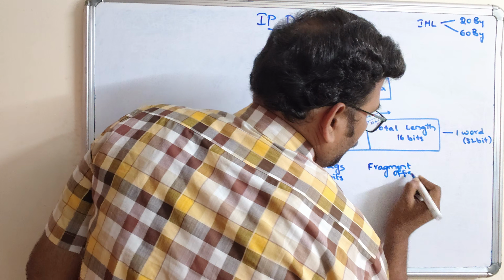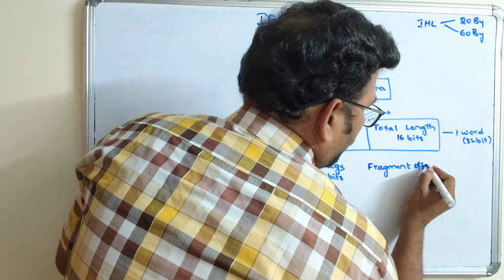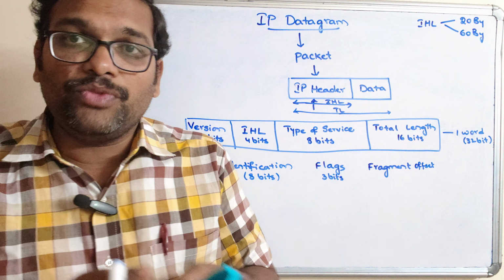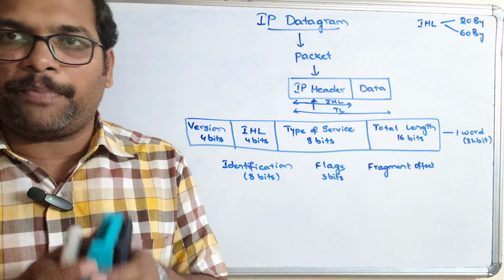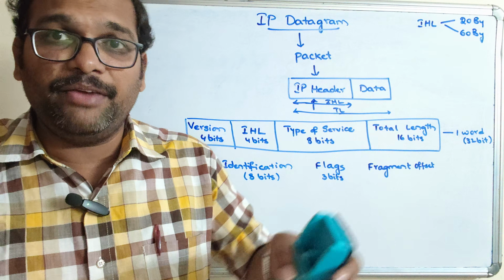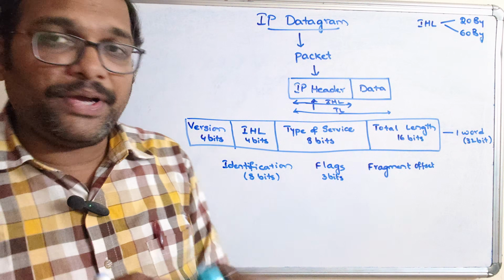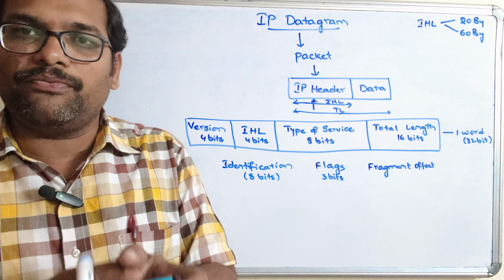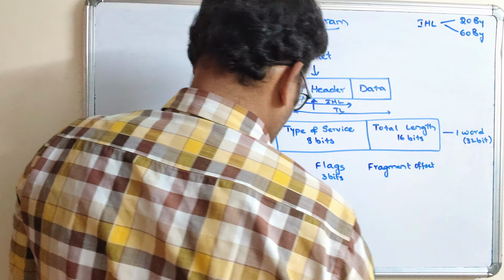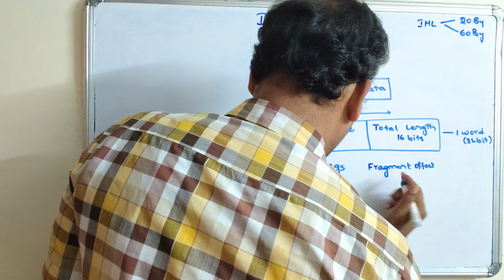And the next one, fragment offset. This indicates the current position of the fragment in the IP packet. As we said, the complete data will be divided into segments, which we call fragmentation. So this identifies the correct position of the fragment and to which IP packet it belongs.